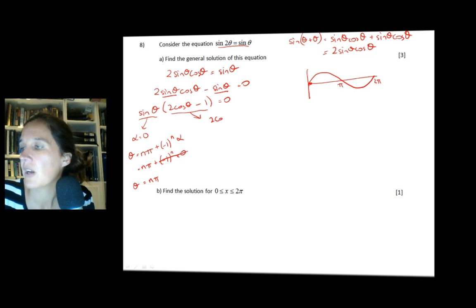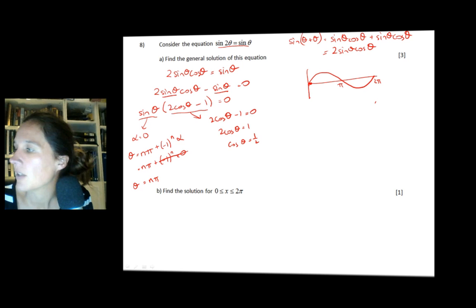We've got 2 cosine of theta minus 1 is equal to 0. So 2 cosine of theta is equal to 1. Cosine of theta is equal to a half. If we draw our triangle here, we've got 2, 2, we split this in half, 1, we've got pi on 3, pi on 6, and root 3 there.